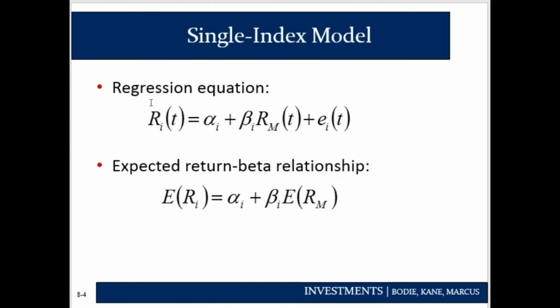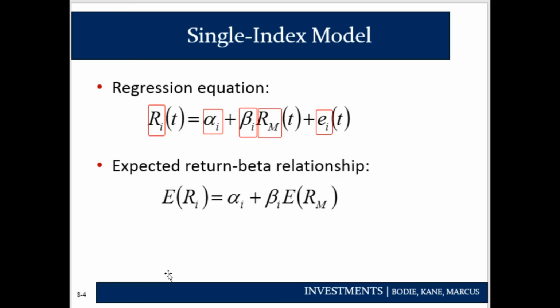This gives us effectively a regression equation. So the return on asset I is equal to alpha sub I plus beta sub I, which is the sensitivity of your asset I to the returns on the overall marketplace, times the market return at period t, plus some firm-specific surprise associated with asset I. So the actual return is alpha plus beta times the return on the market plus a firm-specific or error component.